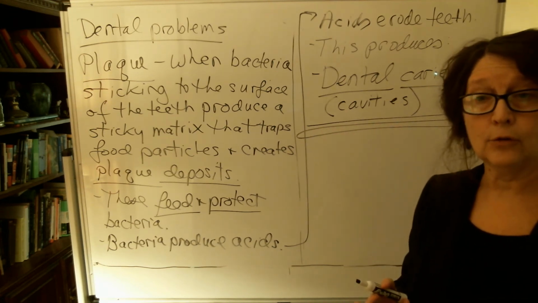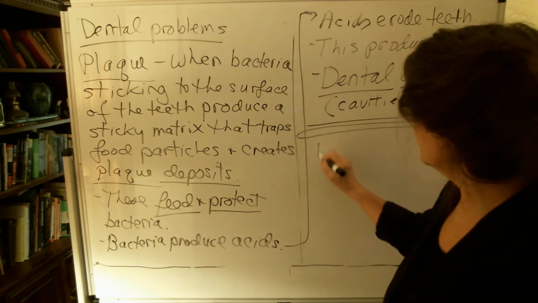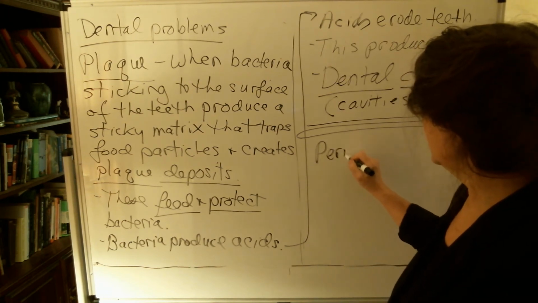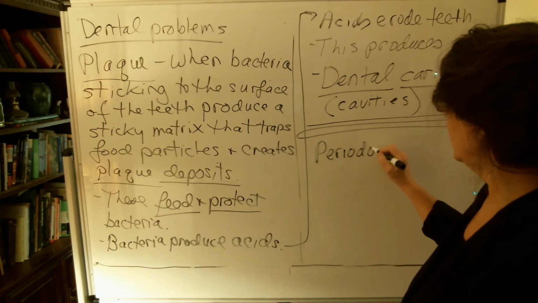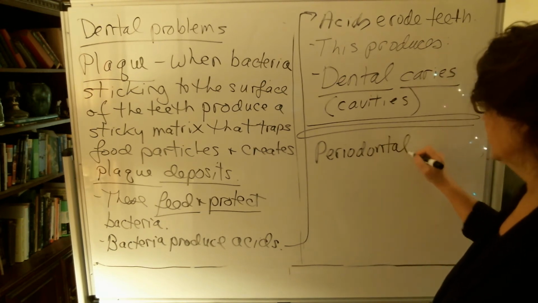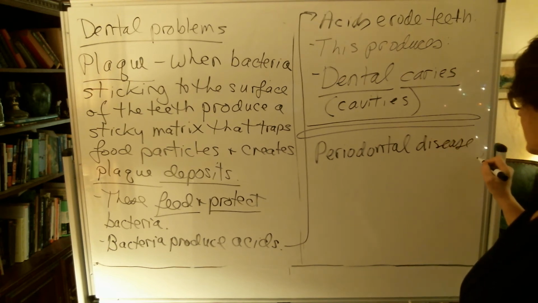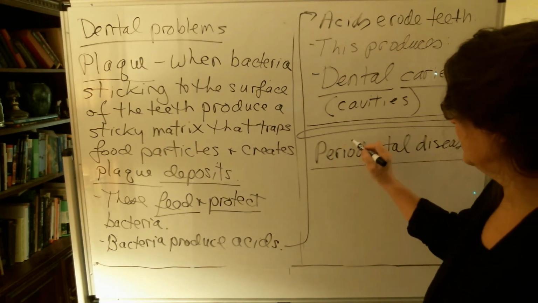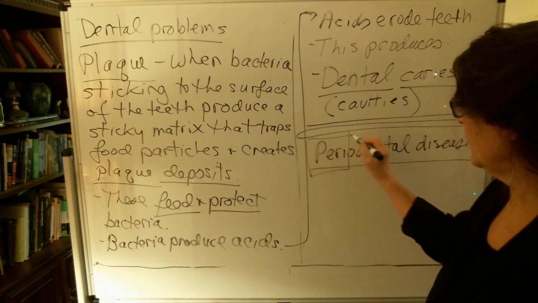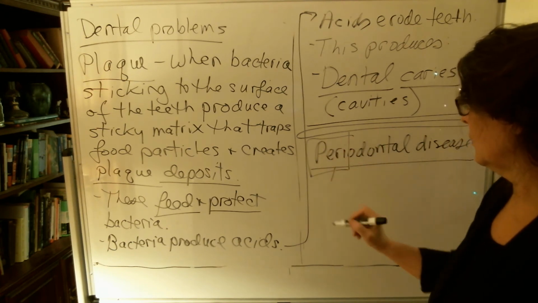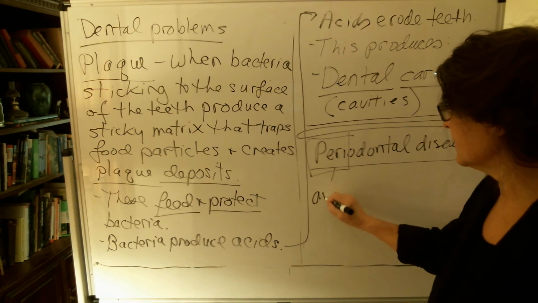Now for another thing that you may hear the dentist talk about, and that is periodontal disease. Now take a look at the word and you know what it means. Where you see peri or perio, that means around.